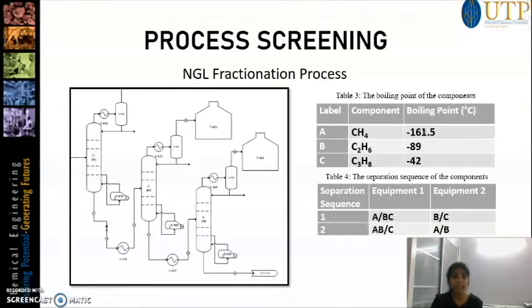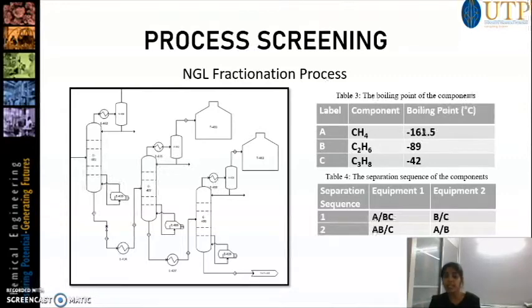So we have selected sequence 1, and this is because component A, which is the lighter fraction, comes out as the top product, whereas the heavier components, component B and C, the ethane and propane, come out as the bottom product. For our first column, we should select the one with the maximum driving force of largest value, because this would ease the process of separation.